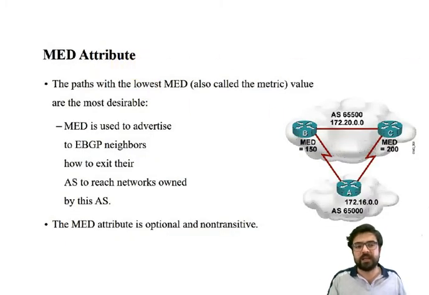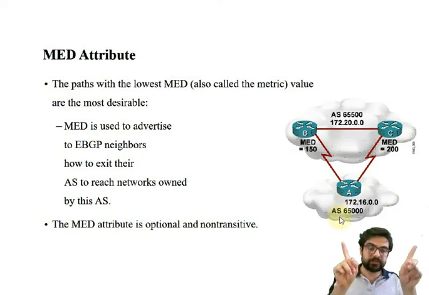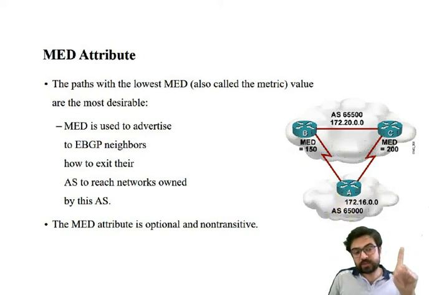What is the MED? In a different way, here the lower has the higher priority. And how? This is for this scenario. You are at this AS and you have two different uplinks to one service provider.